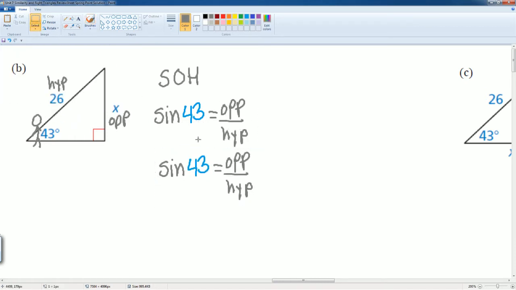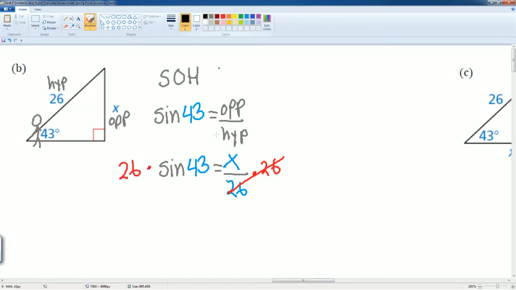So now we can make our substitution. Your opposite was the value of x, and your hypotenuse is the value of 26. We can now times 26 to both sides, so I can get x alone.